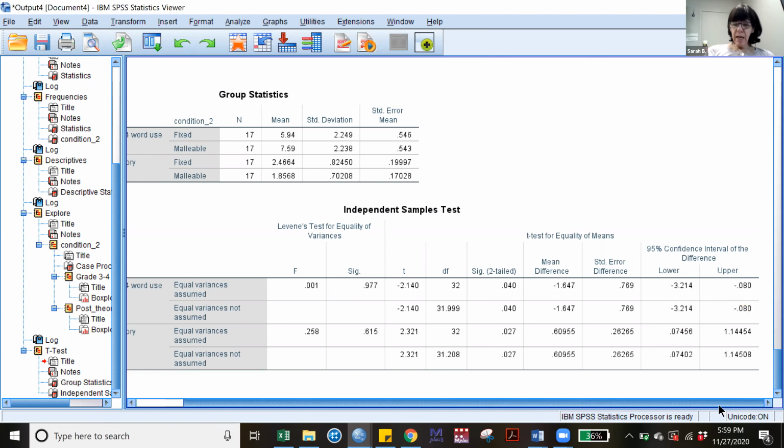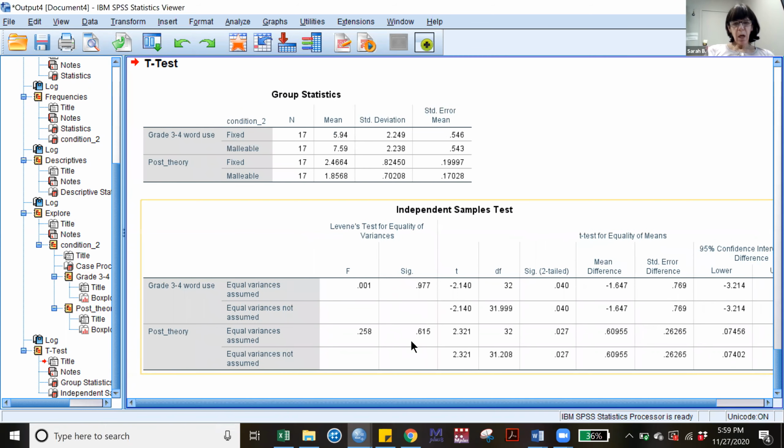So let's look down at the theory of ability. We again meet the assumptions, so we proceed to the regular t-test. The mean difference is 0.61 approximately. So one thing you could note, if you were going to think about looking at effect size, is that this version of SPSS doesn't give effect size, but the effect size is roughly the mean difference divided by the pooled standard deviation.